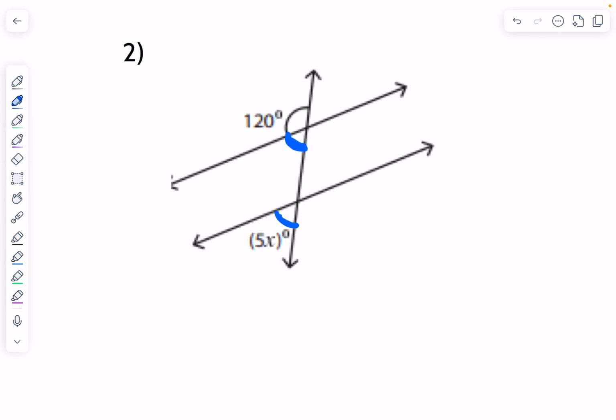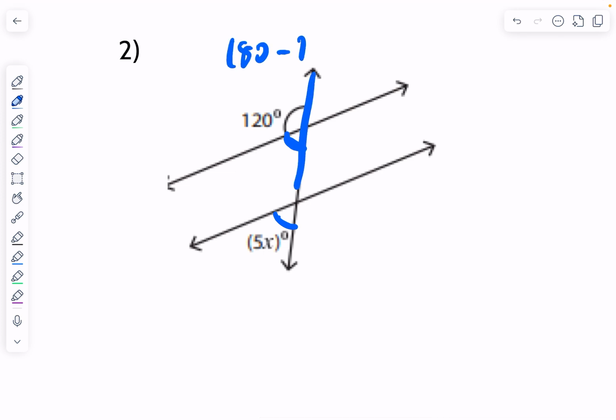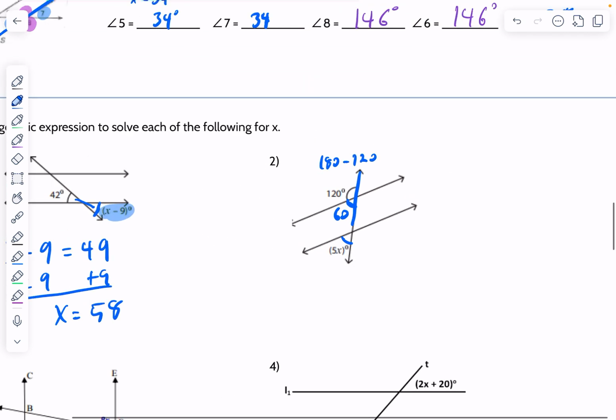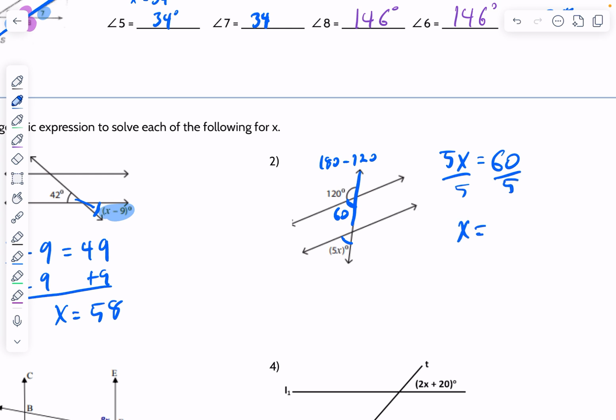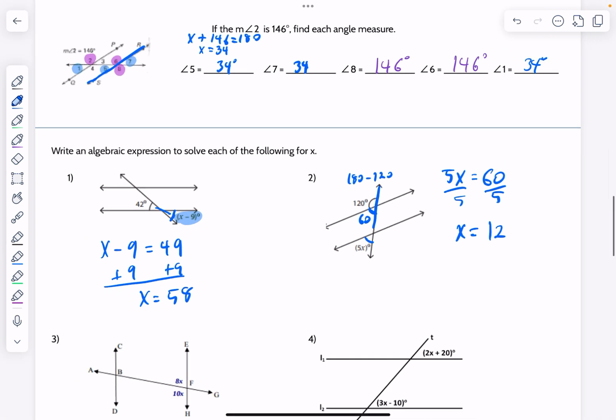So that angle would be 180 minus 120, which would be 60. So if we solve this, we would write 5x equals 60 degrees. And we would divide by 5. And x would equal 12. X is 12.